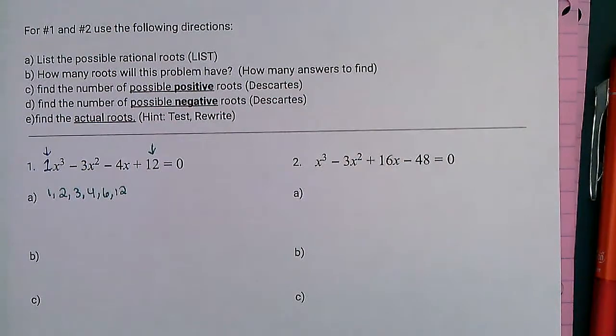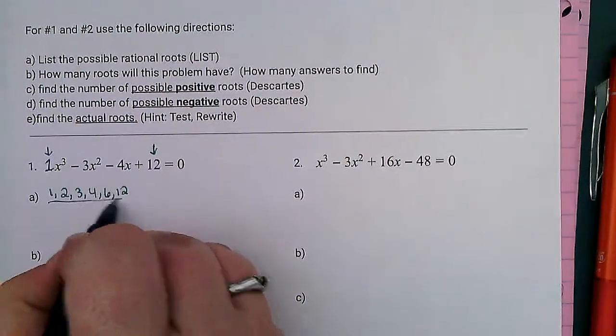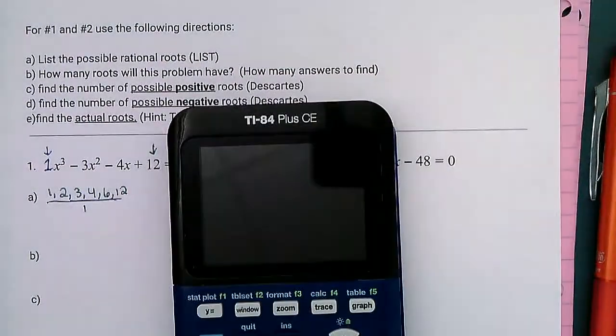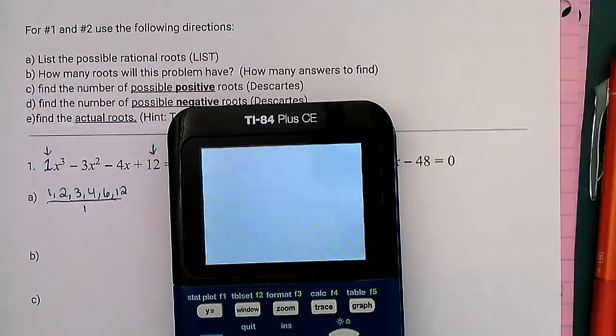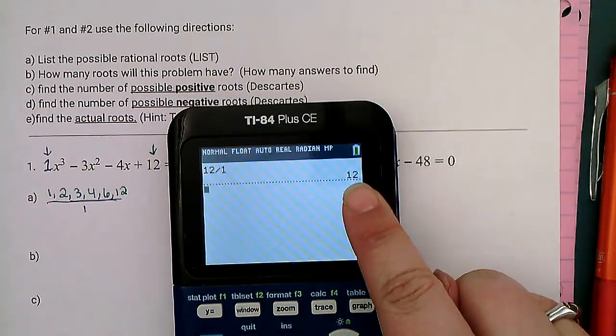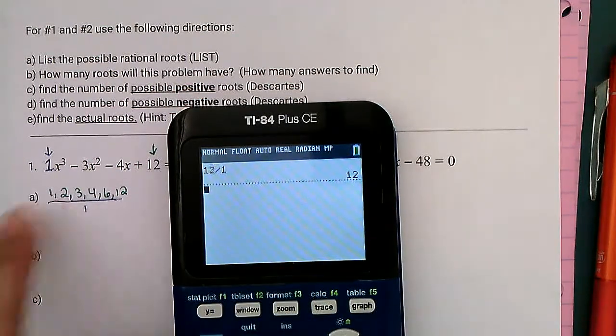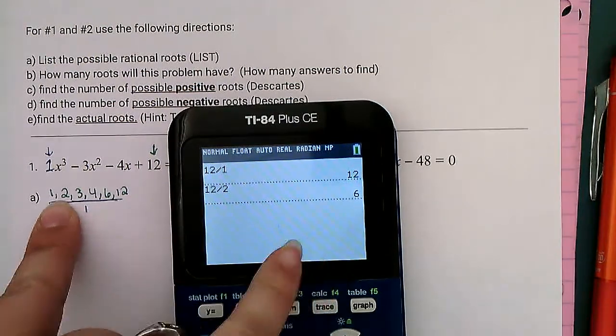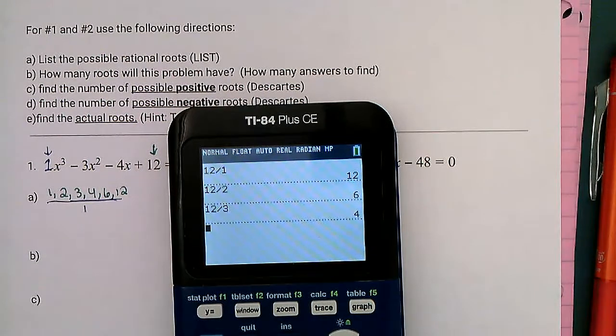Now, if you don't know the factors of a number, grab a calculator and just start dividing. So I would just do like 12 divided by 1. See that gave me a number without decimals, so I would put 1 down. 12 divided by 2. Again, number without decimals, put down a 2. 3 and 4 we both know work, so let's try 5.